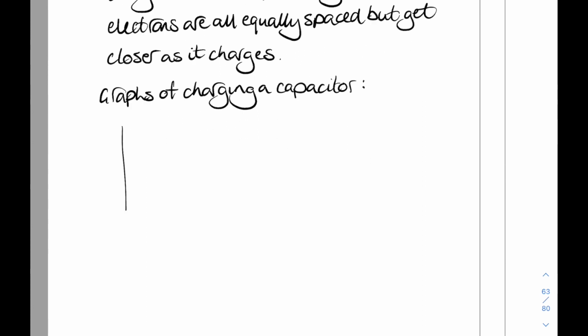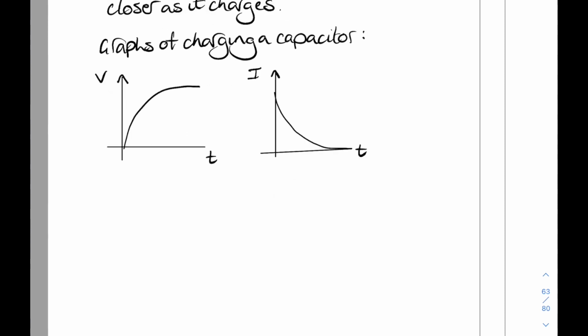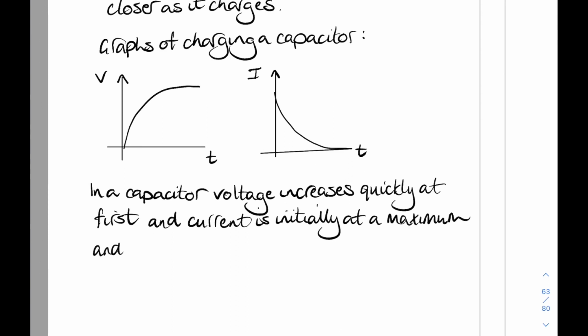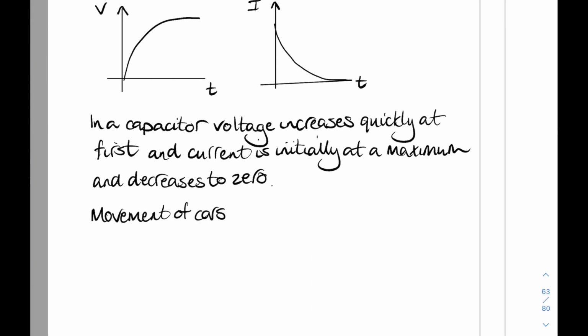Graphs of charging a capacitor look like this. There's what the voltage looks like, builds up to a maximum. There's what the current looks like as it's charging, decreases from a maximum down to 0. In a capacitor, the voltage increases quickly at first, and the current is initially high, it's at a maximum, and it decreases to 0 when a capacitor is fully charged, whereas the movement of cars in a car park is random.